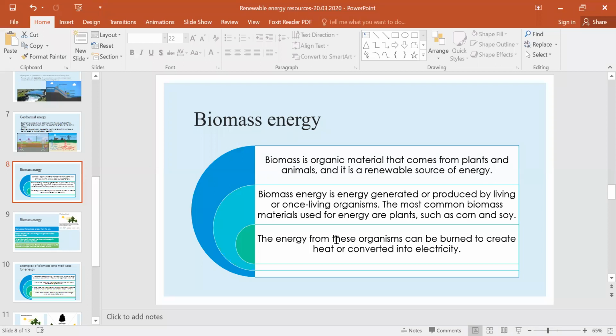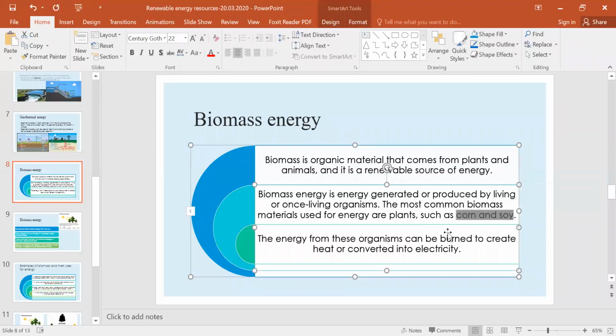Biomass energy is the energy which is collected or produced by living or once living organisms. That's why it is called biomass. The most common biomass materials used for energy are plants, such as corn and soy.